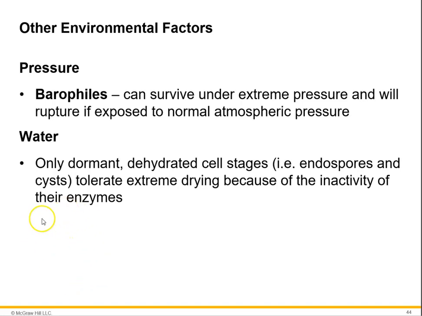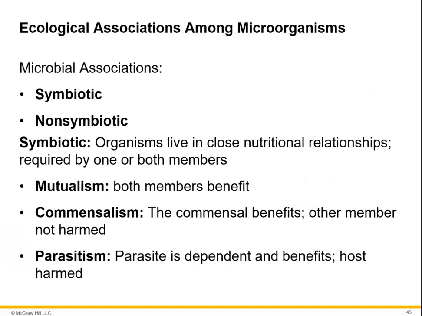And water plays a role as well, okay? So only dormant cell stages are going to tolerate extreme drying. And these dormant cell stages are going to be your endospores, remember bacterial endospores, and cysts, okay? Cysts like protozoan cysts. These guys are dehydrated cell stages, and the way they are adapted is to survive extreme drying.